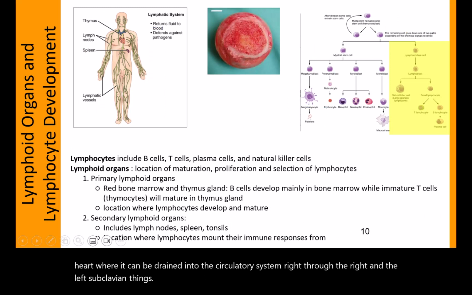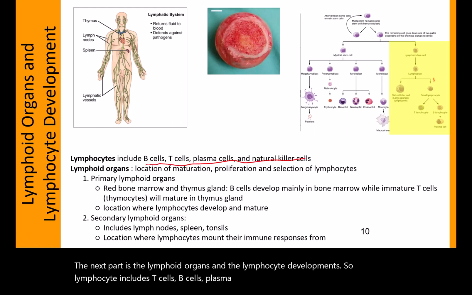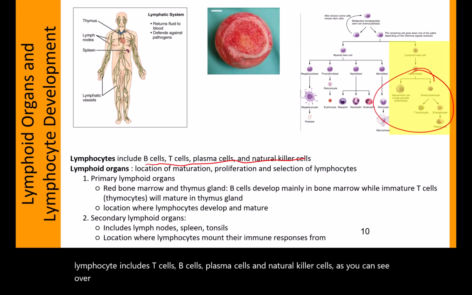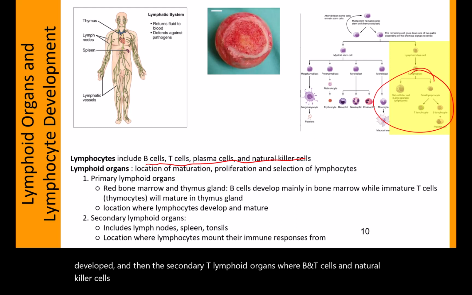The next part is the lymphoid organs and lymphocyte development. Lymphocytes include T cells, B cells, plasma cells, and natural killer cells. Lymphoid organs include the primary lymphoid organs, where B and T cells are developed, and the secondary lymphoid organs, where B and T cells and natural killer cells mount their immune response.